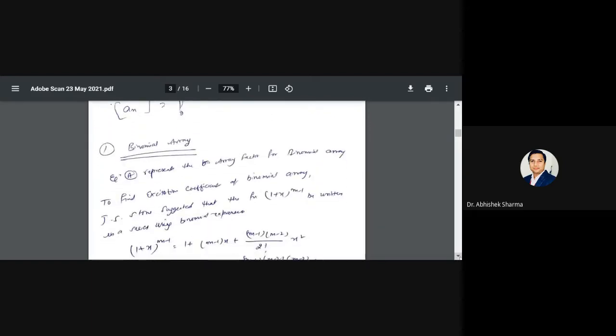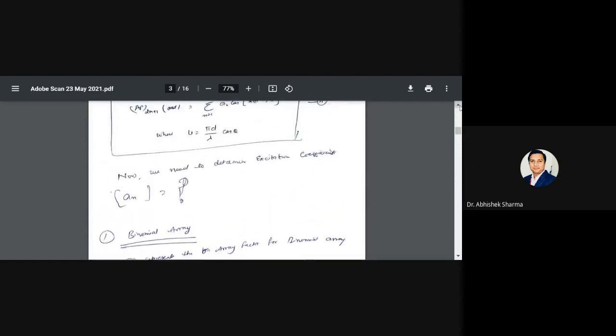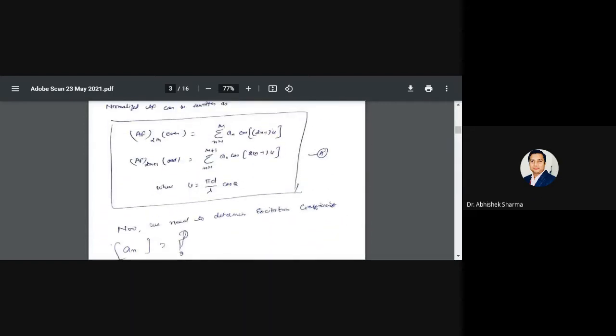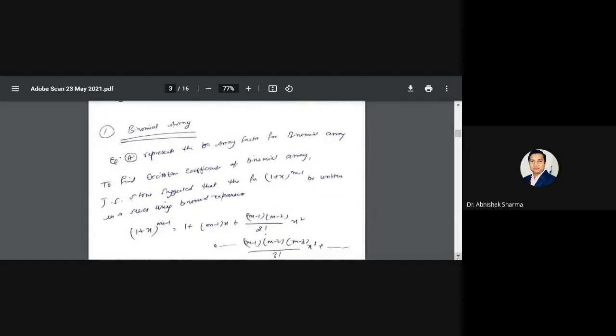So in the binomial method, this equation A represents the array factor for a binomial array.